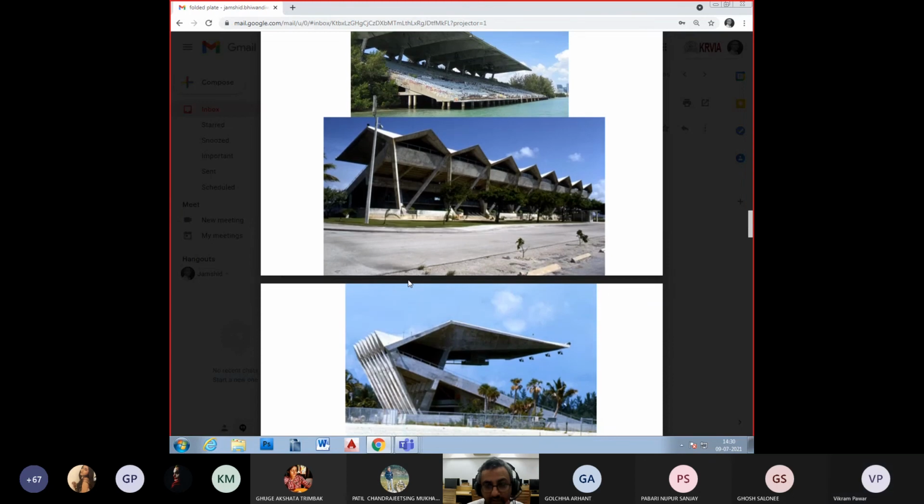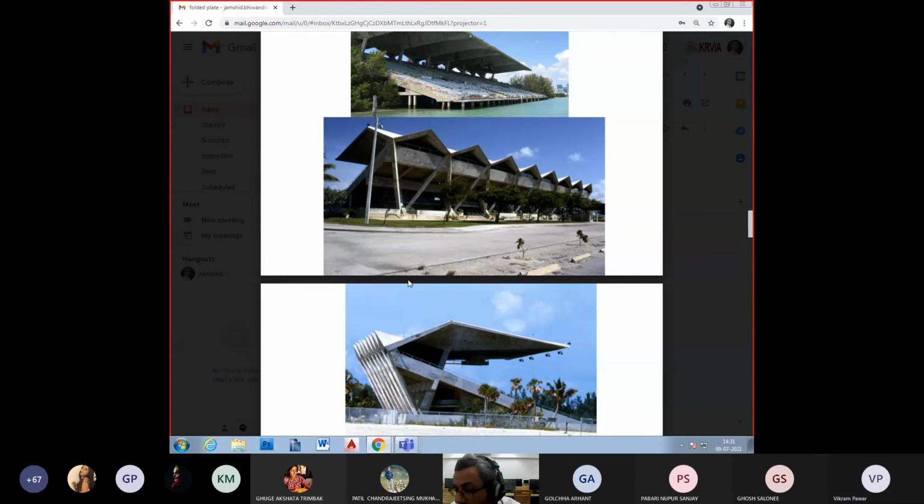Look at this. These are sports infrastructure, but one of a type, and the identity it sets is largely coming from the structure. So what is structuralism? Structuralism is where the structure of the building creates identity for the building itself.